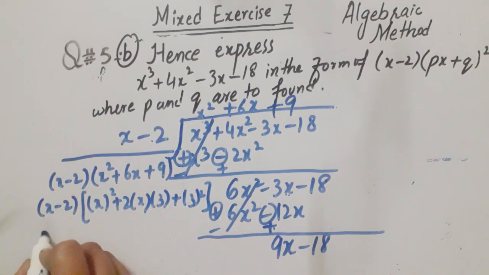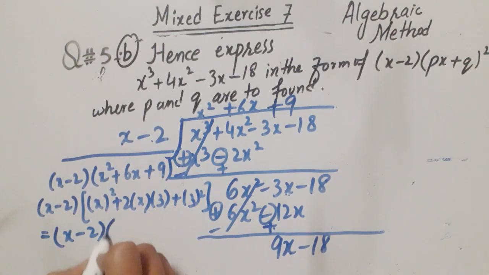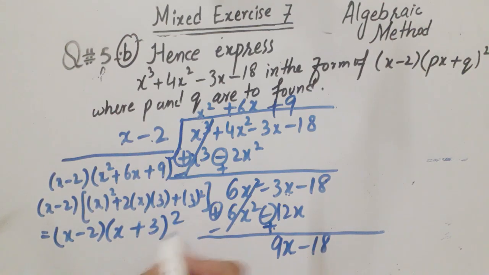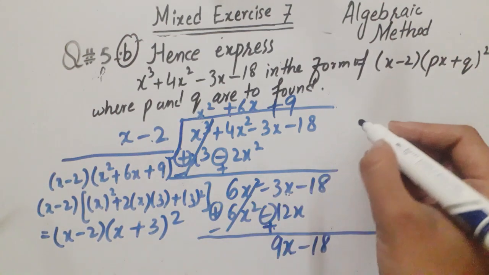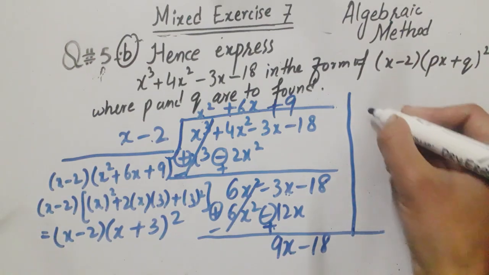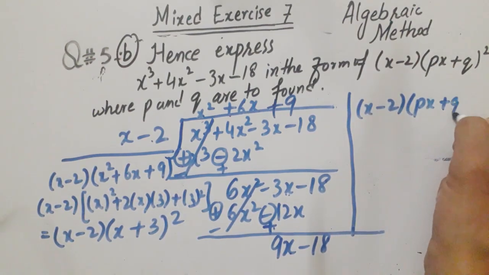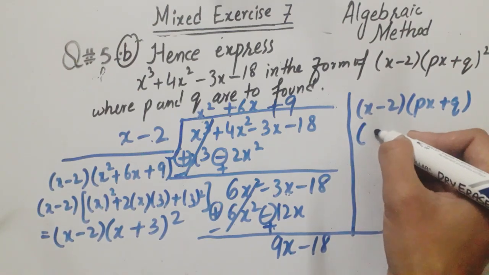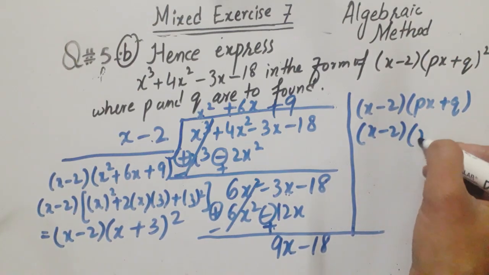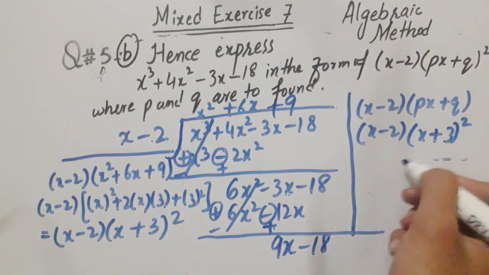So this becomes the formula: x minus 2 into x plus 3 whole square. Now you have to compare this with x minus 2 into the form (x plus p) whole square plus q, and our answer is x minus 2 and x plus 3 whole square.